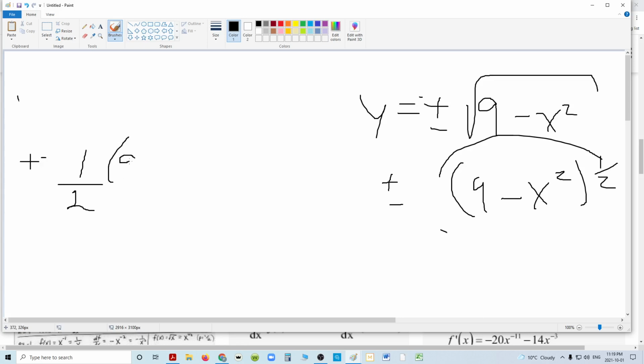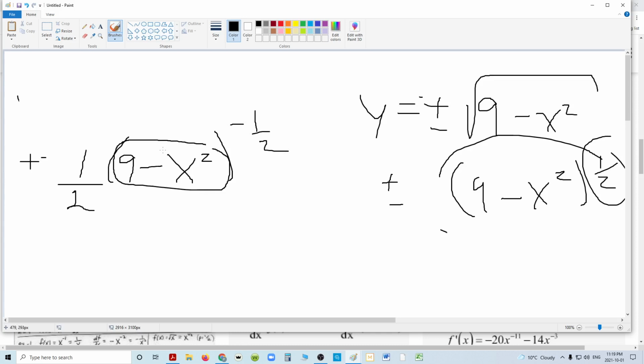I keep the 9 minus x squared as it is, and I lower this half by 1, so it becomes negative a half. The chain rule also says I have to take the derivative of the interior. Well, 9 is just 0, and minus x squared becomes minus 2x. So that's the derivative of the interior, minus 2x.